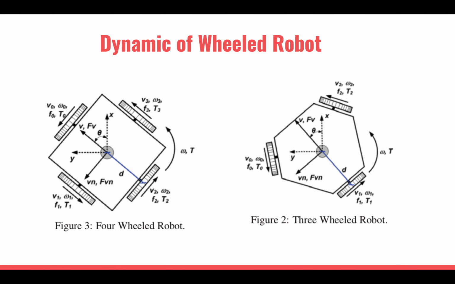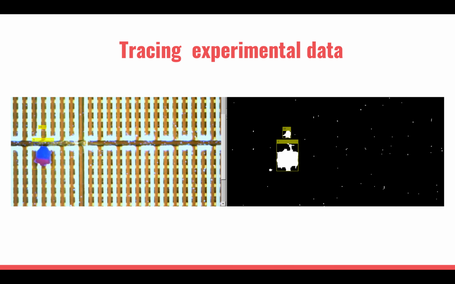And also I research the dynamics of wheeled robots, as our robot is omnidirectional and its behavior will be different from a fixed or steerable wheel in the latter case. And this figure shows what I have done to trace the movement in our experiment, so that the path is recorded and can be compared to analyze our dynamic model.